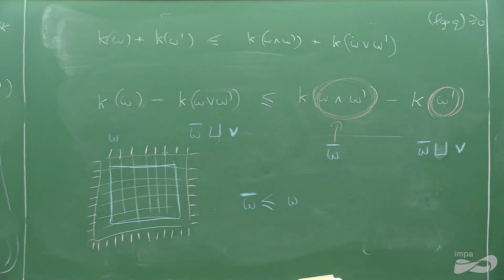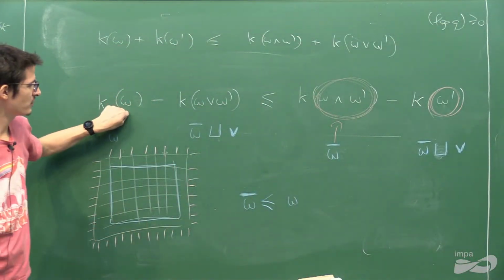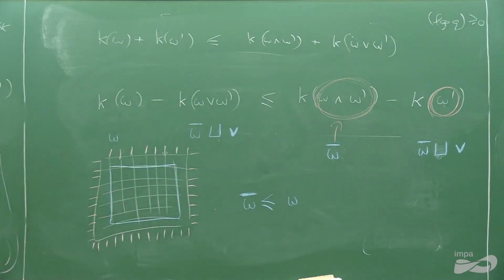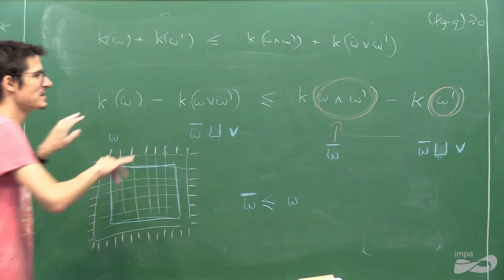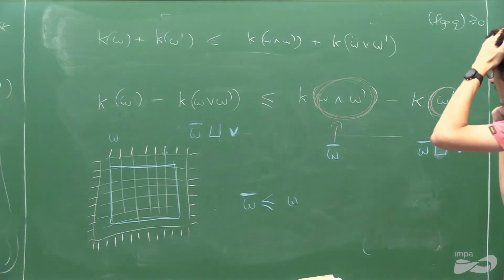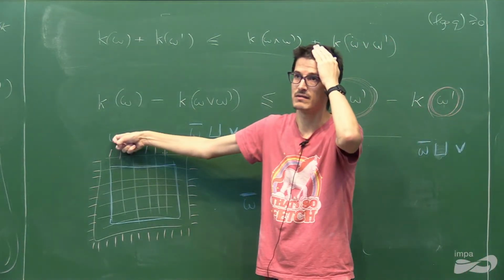And what you want to say here is that, when you're adding edges to a configuration, here you're adding the same set of edges, you kill fewer connected components when you have more edges at the beginning.